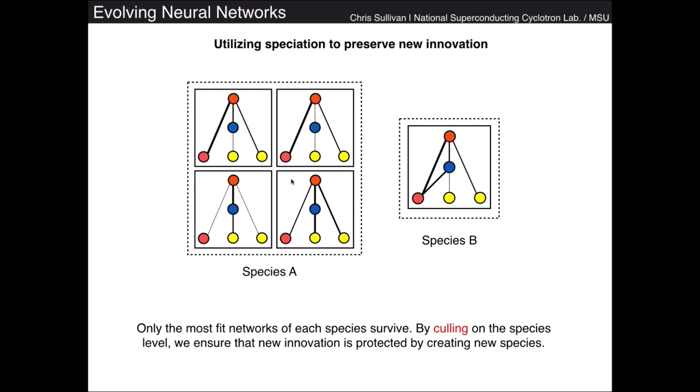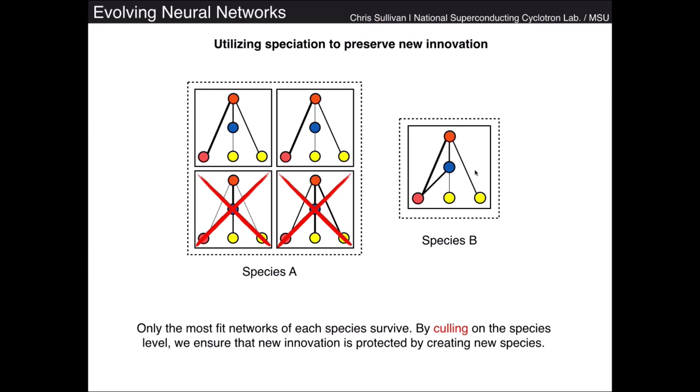The idea behind speciation is that if we protect networks through speciation, then when we go to determine which networks move on to the next generation and which ones die off, we cull on a species level. So we decide that in this species these two will be removed, if we're doing a 50% culling rate, for instance. Because there's only one network in this species B here, it is able to continue on to the next generation.